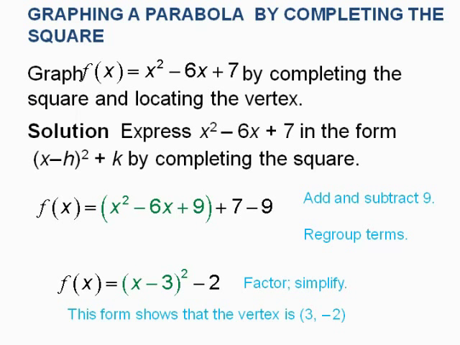Now, once we do that, notice that we can factor this very nicely into x minus 3, and we can write this in this nice quadratic form, x minus 3 quantity squared minus 2, and we get the vertex from there. So we can change from this quadratic form into standard form by completing the square on the same side.